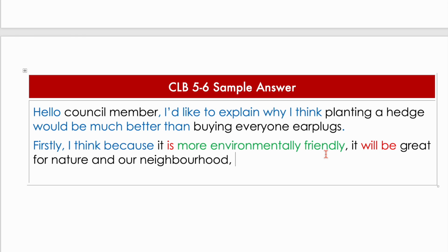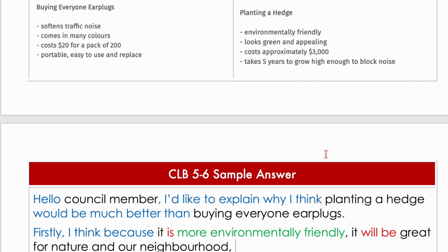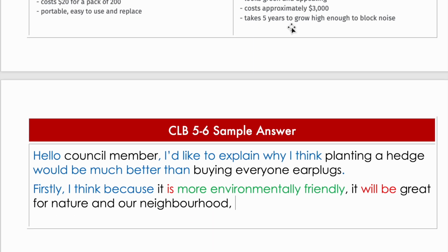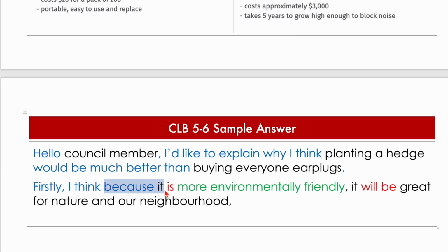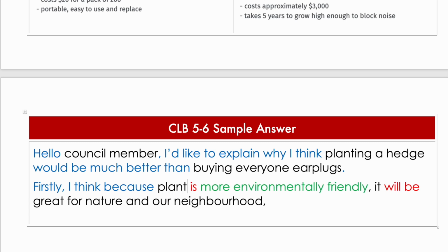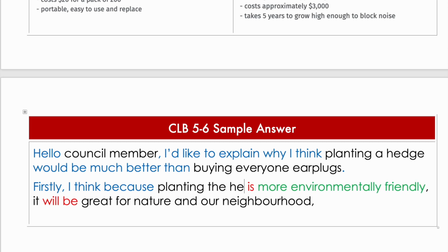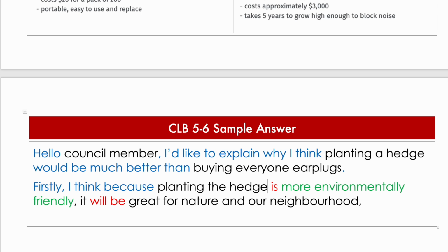So, because planting the hedge is more environmentally friendly, it will be great for nature and our neighborhood.